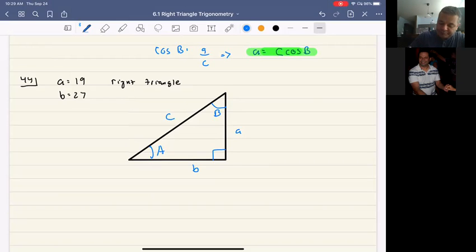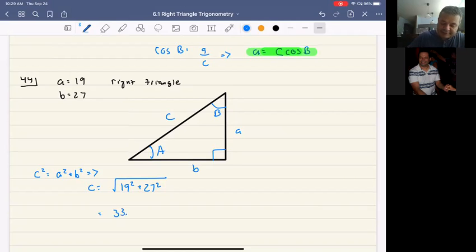It's a right triangle, so c squared equals a squared plus b squared. So c is the square root of 19 squared plus 27 squared, which is 33.01.